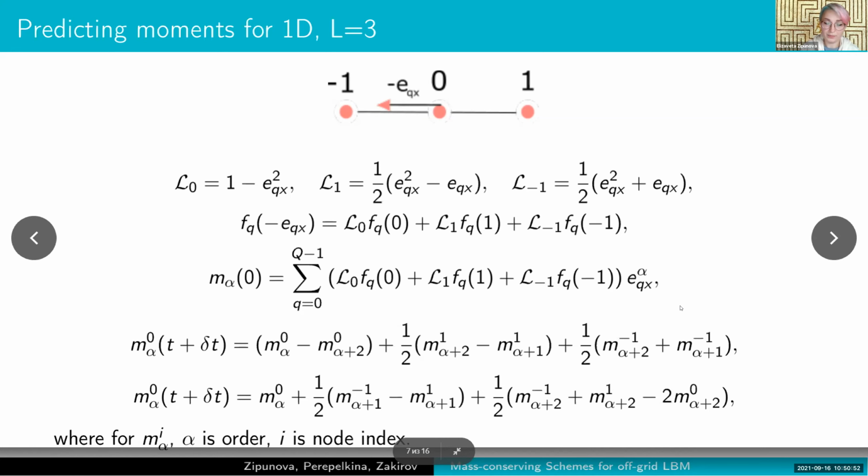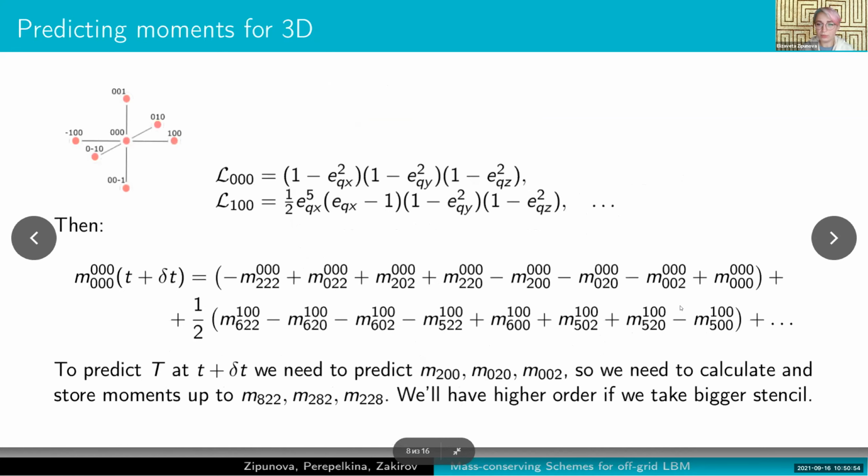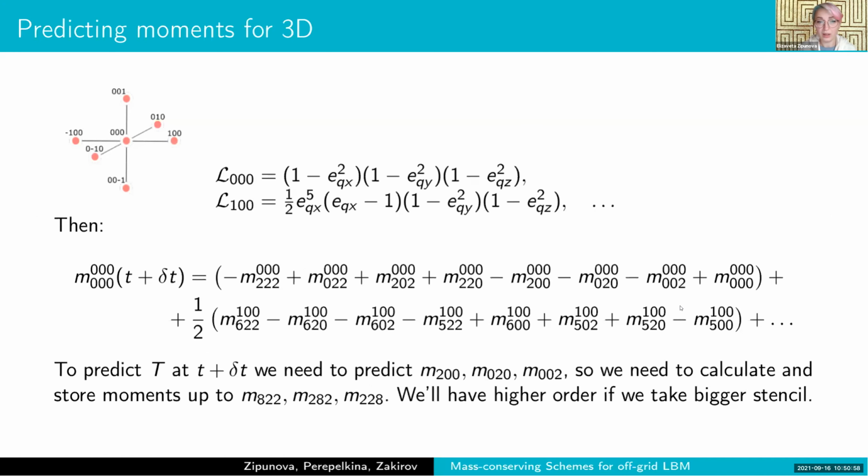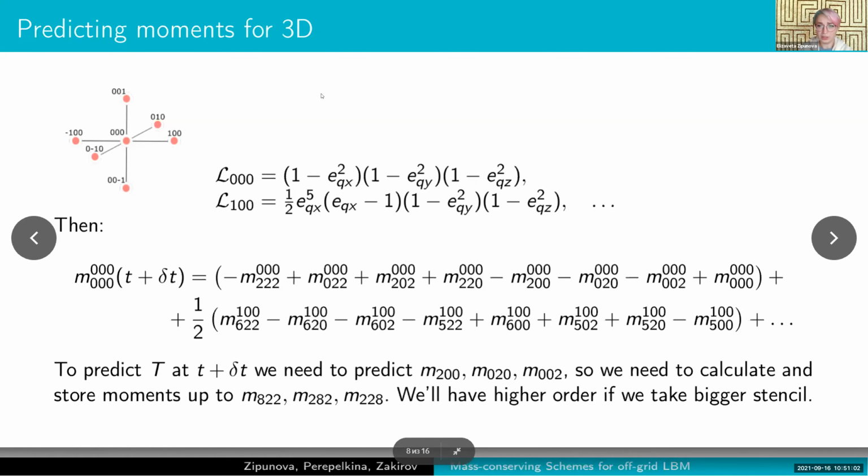But when we try to do the same process for 3 dimensions, we have some problems. Firstly, the order of coefficients of Lagrange interpolation became much higher. Now, if we want to predict future temperature, we need to calculate and store 8th order moments, and this is only for such a small stencil.